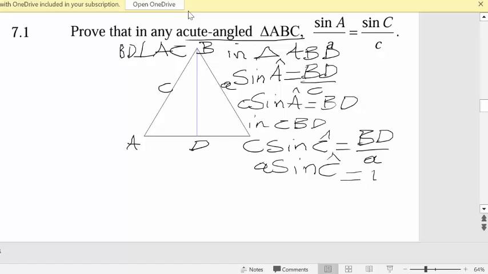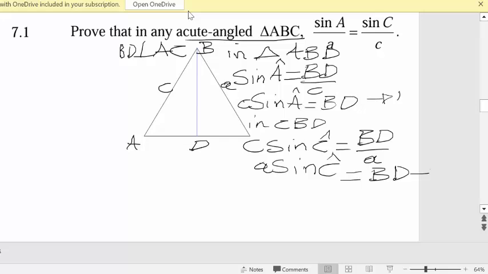Is equal to BD. Once I'm at this point, I've already answered the question because I can equate the two sides. I know BD is equal to this and BD here is equal to this. So this is my first equation and this will be my second equation.